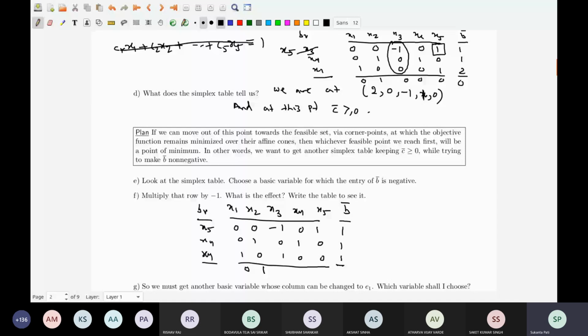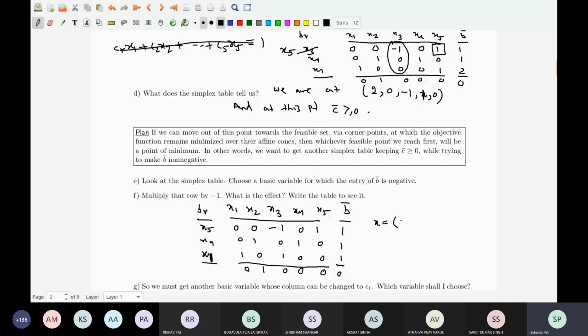What is this table telling me? Now it is telling I am at the point x for which x1 is equal to 1, x2 is non-basic 0, x3 is non-basic 0, x4 is basic 1, x5 is basic 1.